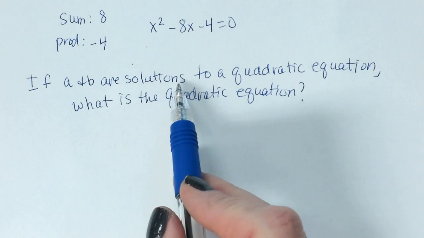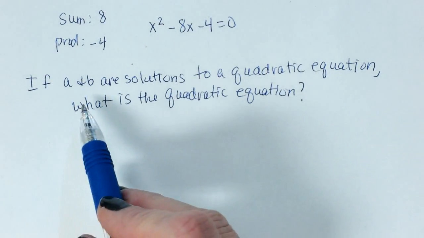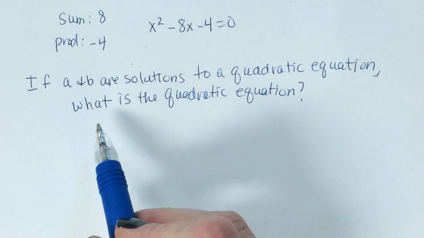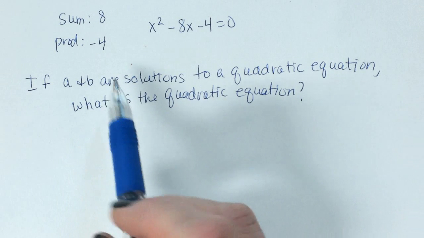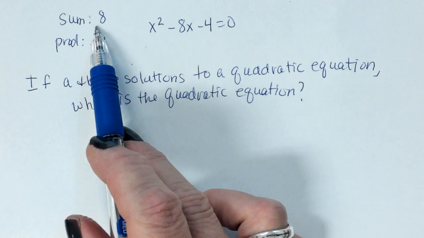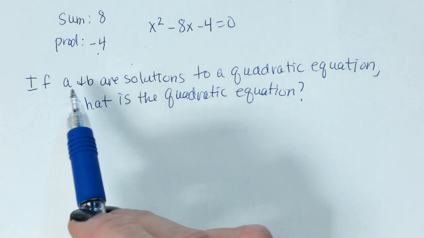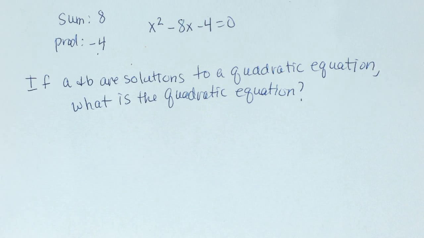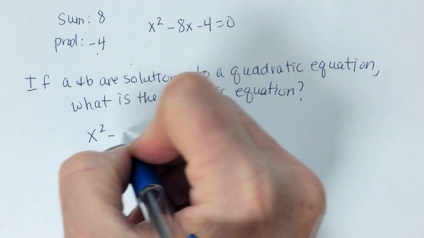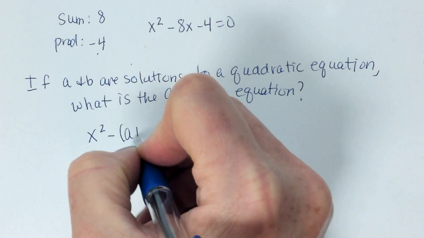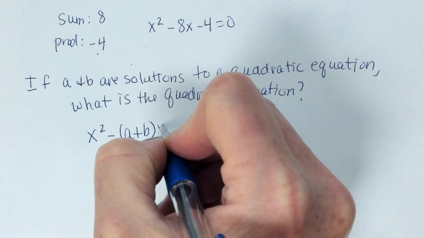So if A and B are solutions to a quadratic equation, what is the quadratic equation? Can you do it with A and B now? Natalia just showed us what it would have been if I gave you the sum and the product. Think for a second about what the formula would actually be. Sydney, do you read it up? Like that?